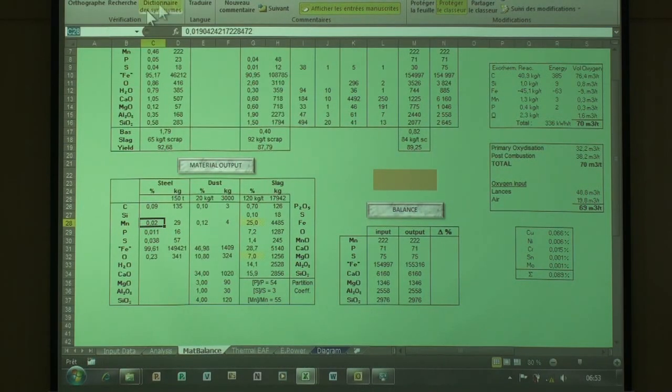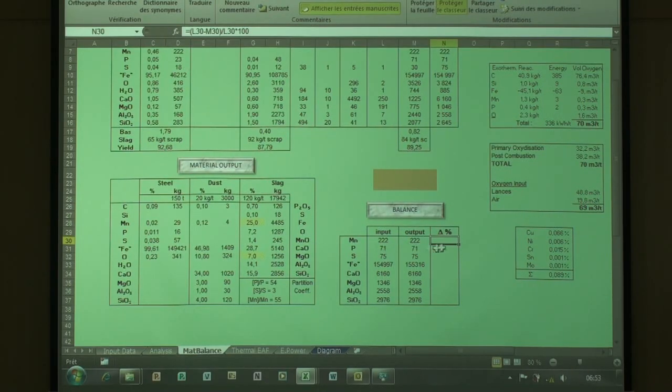N30 is this one here. This is the difference between these two elements, in percent.